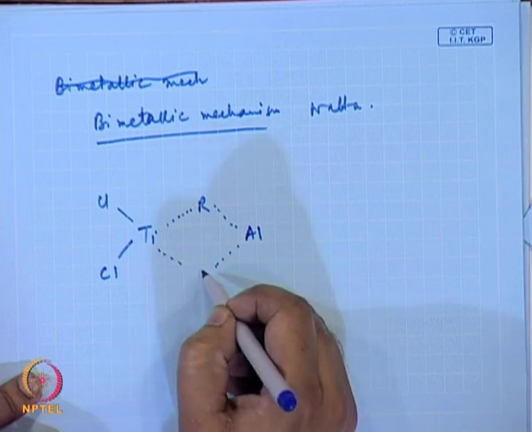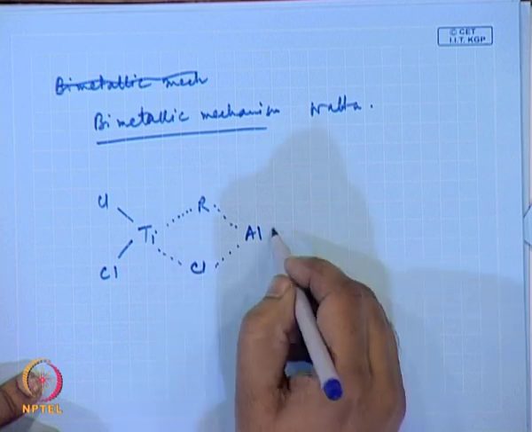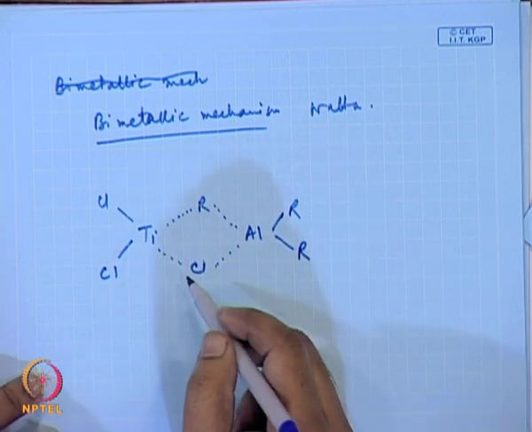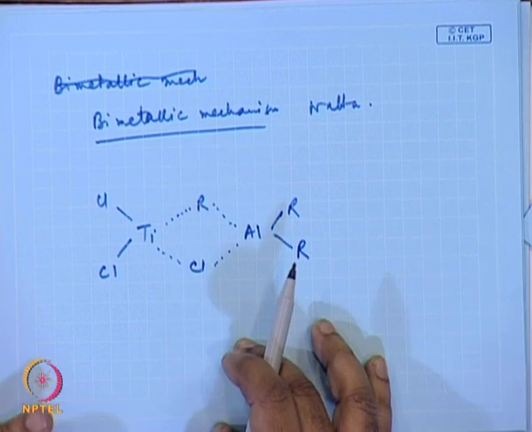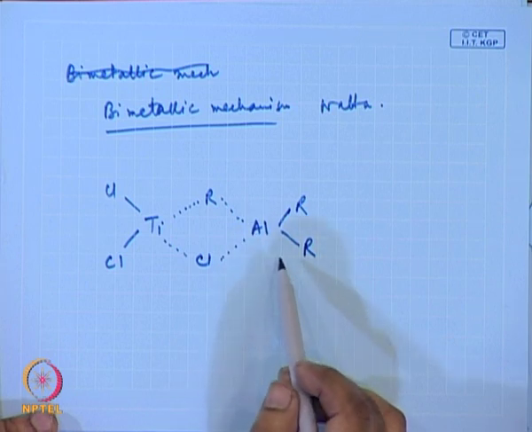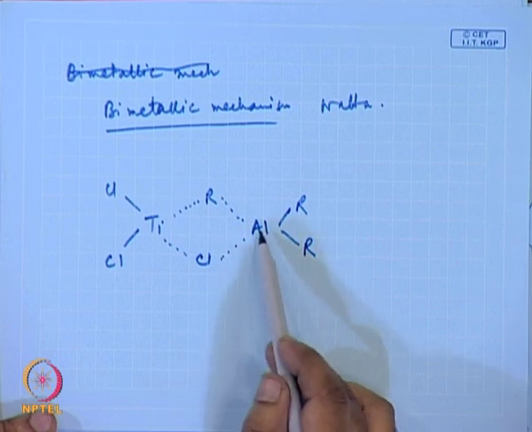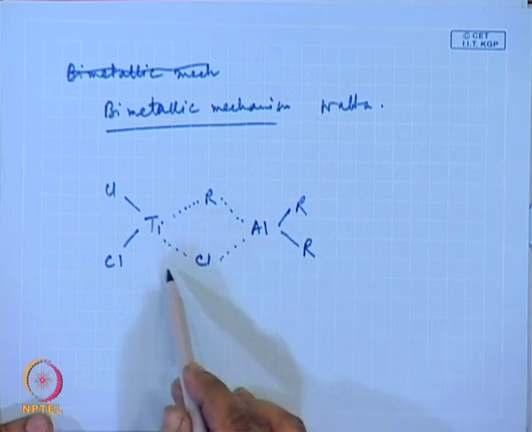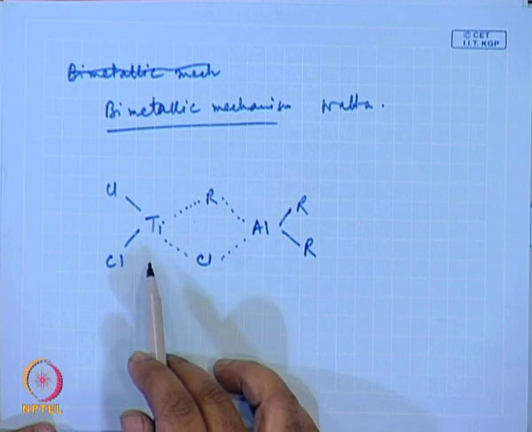Let us first draw this, the active site which is electron deficient.